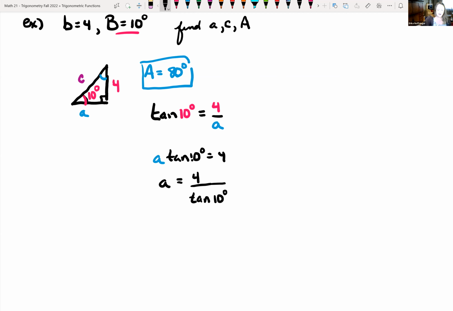Make sure you're using degree mode and not radian mode. That gives me approximately 22.7.